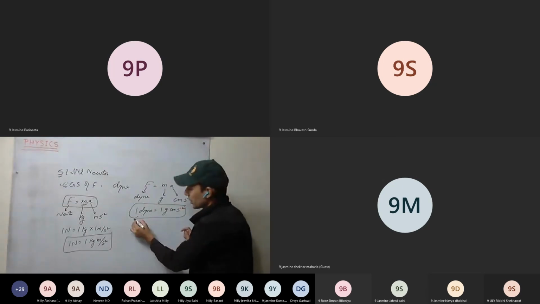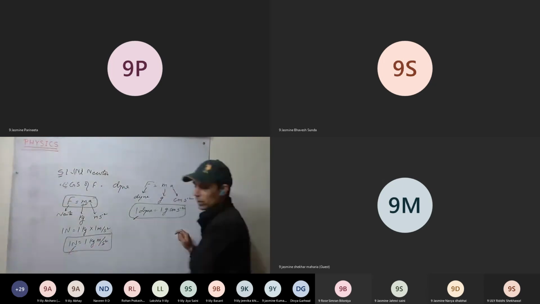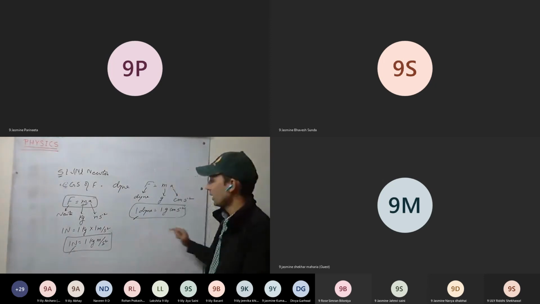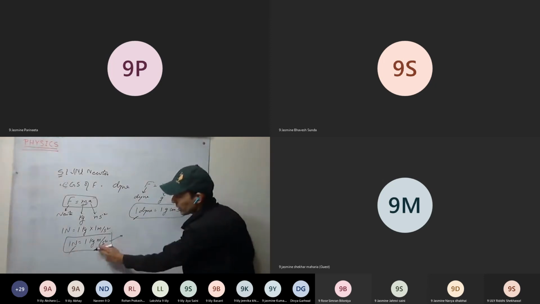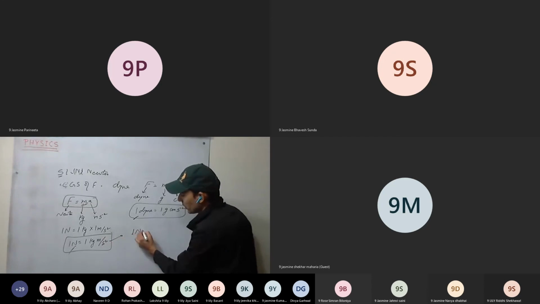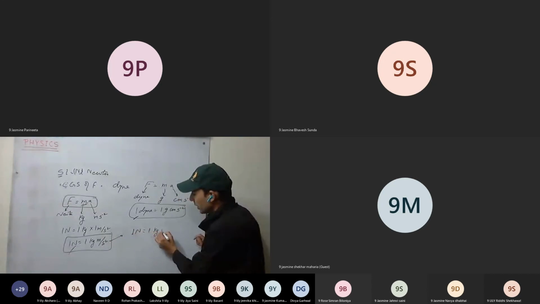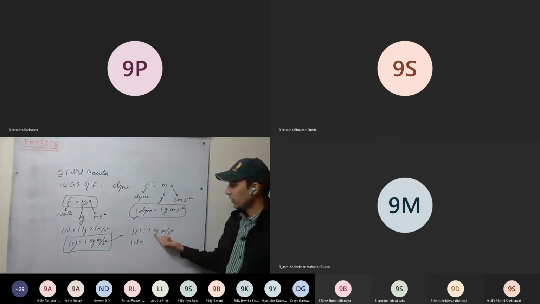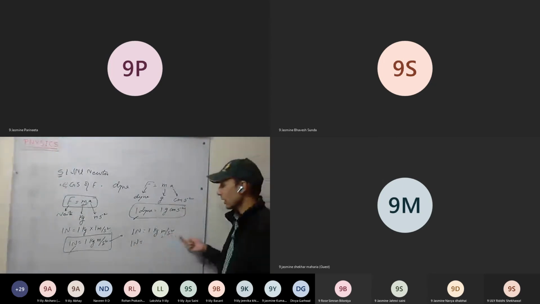Now, we have to form a relation between 1 dyne and 1 Newton. How many dynes are contained in 1 Newton? So how can we do it? We can use this equation, 1 Newton equal to 1 kg meter per second square. In 1 kg, how many grams are there? 1000 grams.